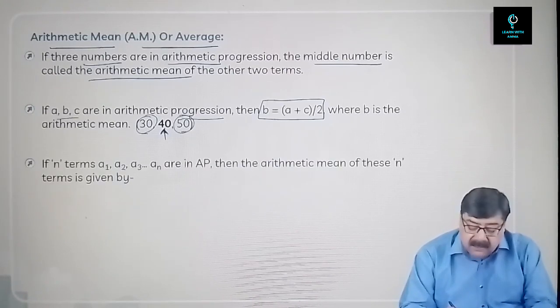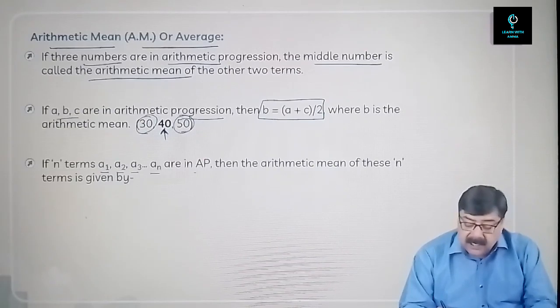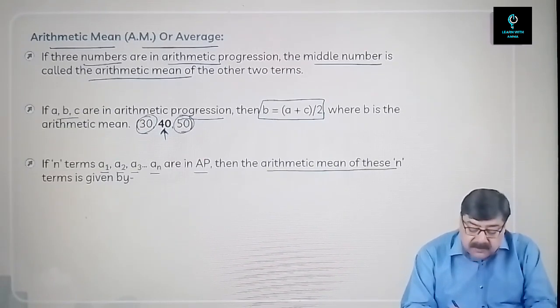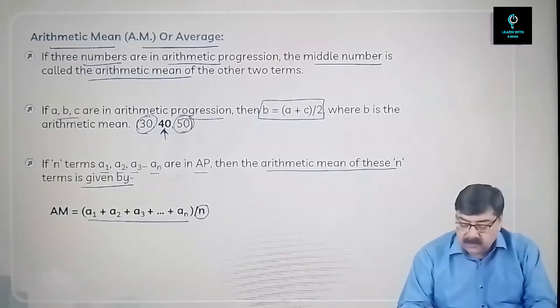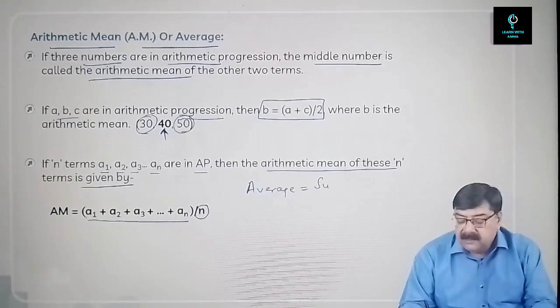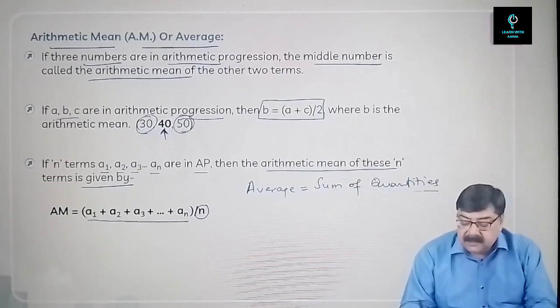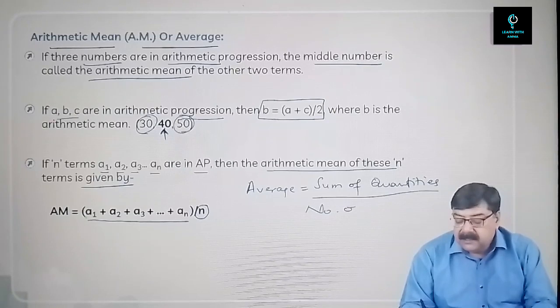If n terms A1, A2, A3 up to AN are in AP, then the arithmetic mean of these n terms will be given by the sum of these terms divided by the number of terms. So that is what we have learned in average as well, which is nothing but the sum of quantities divided by the number of quantities.